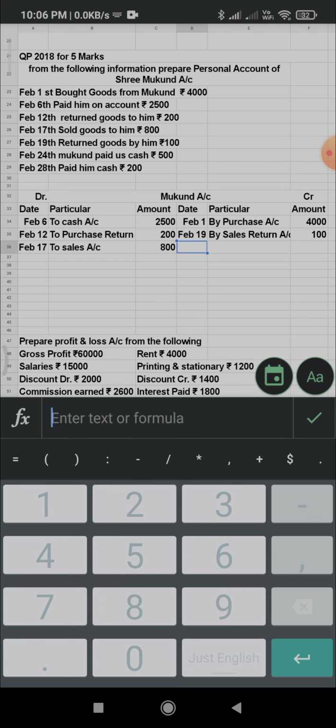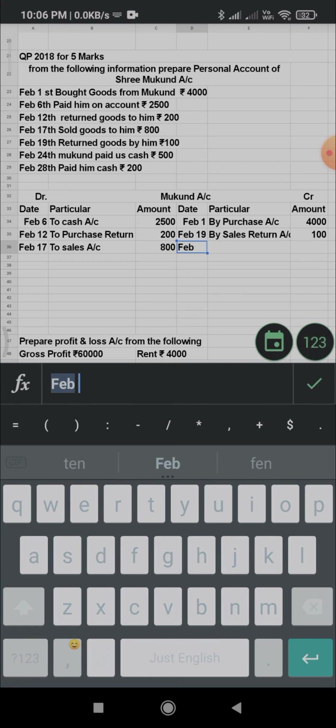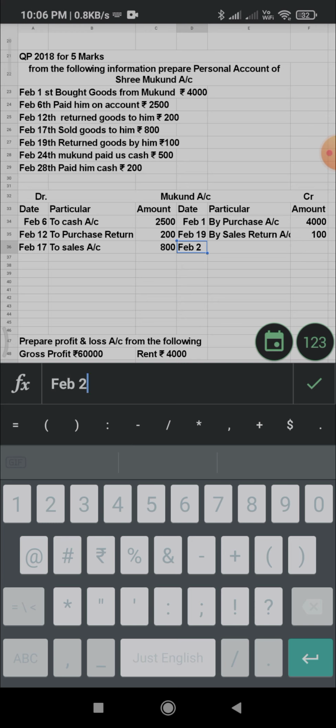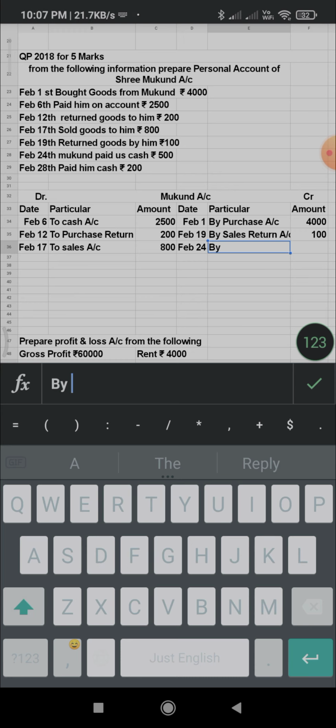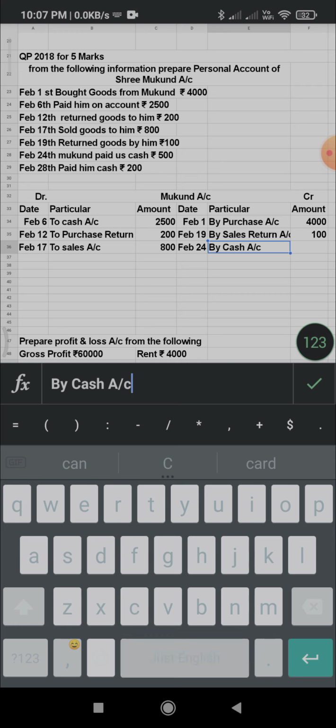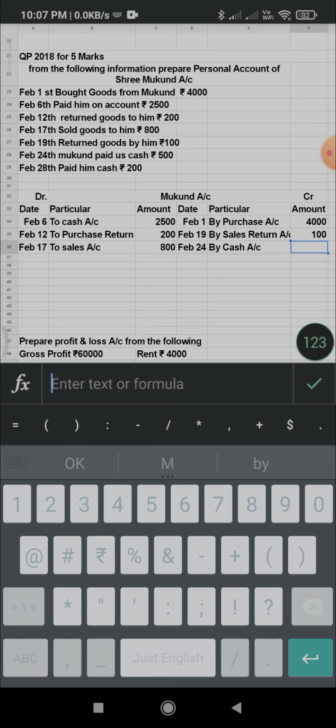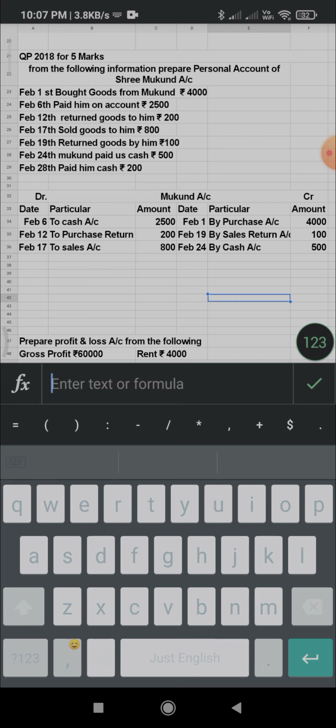I'll write February 24th, by cash account. What is the amount here? The amount is 500.